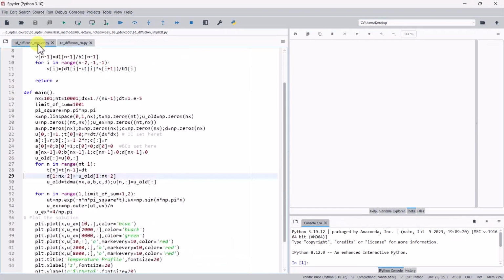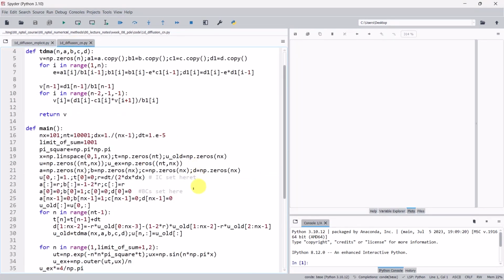For the right hand side I was setting it from here, that was u old 1 to nx minus 2. What I did here is very similar, but here I have 3 terms. So this d 1 to nx minus 2 will be this u old 0 to nx minus 3. So this is i minus 1. This is i, 1 to nx minus 2. And then this is i plus 1, so 2 to nx minus 1.